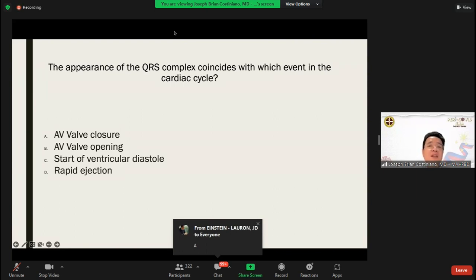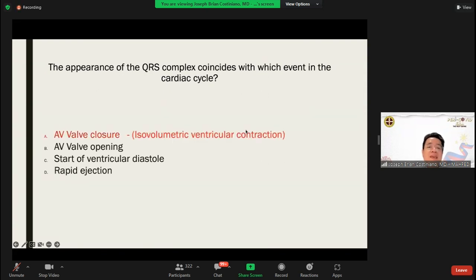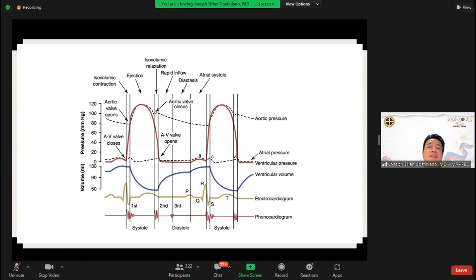Kailan ba lumalabas ang QRS complex? Which event coincides, no, with your QRS complex? Some answered A, some answered D. The correct answer is A. Okay. The QRS complex will coincide with AV valve closure or your isovolumetric ventricular contraction. Okay. This is the table that, the figure that I want you to master, no?